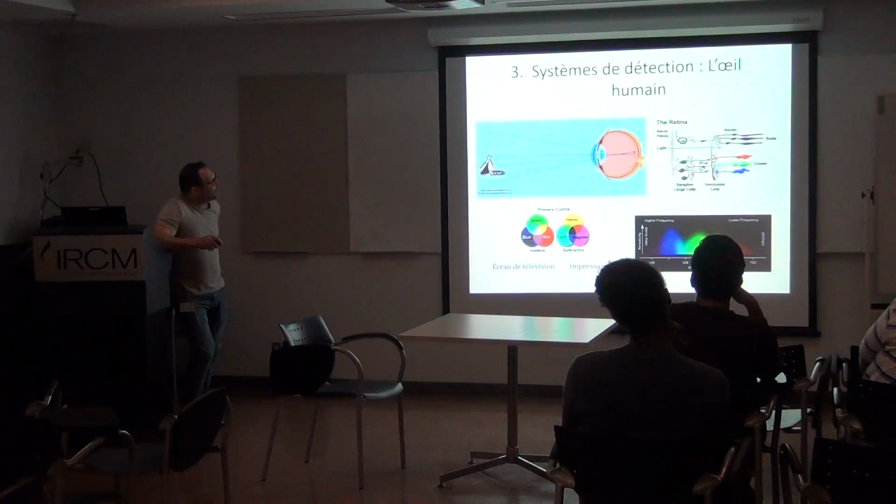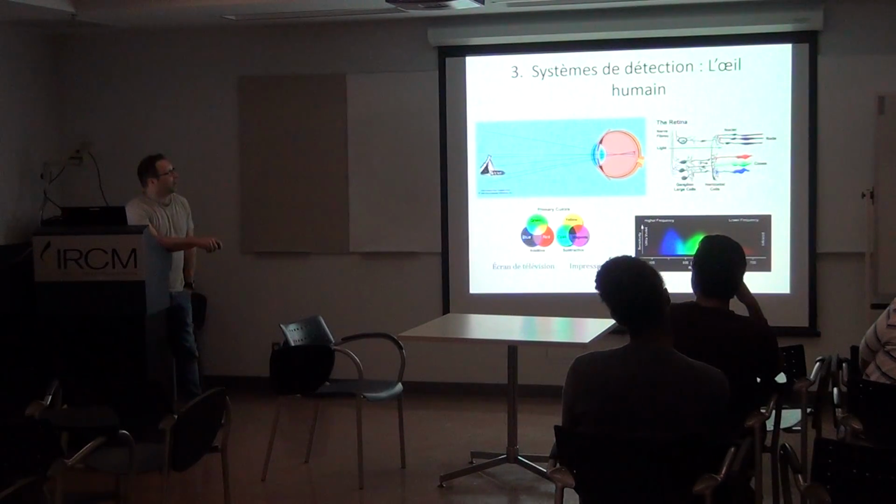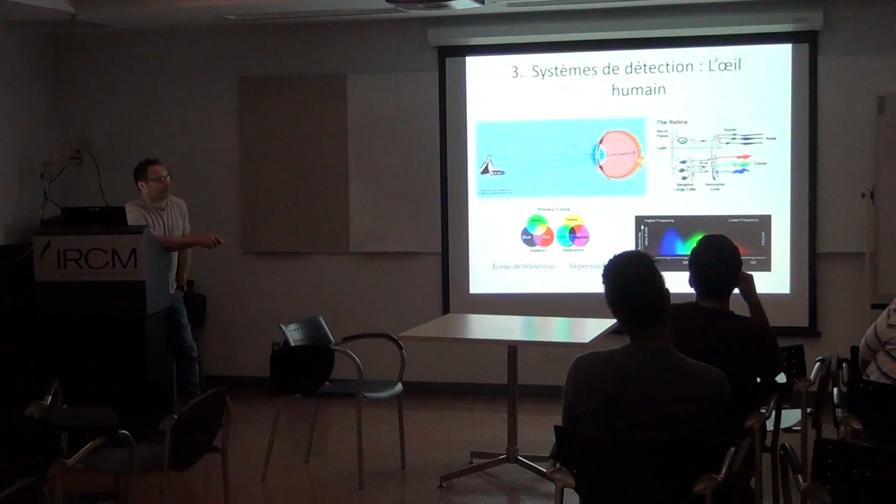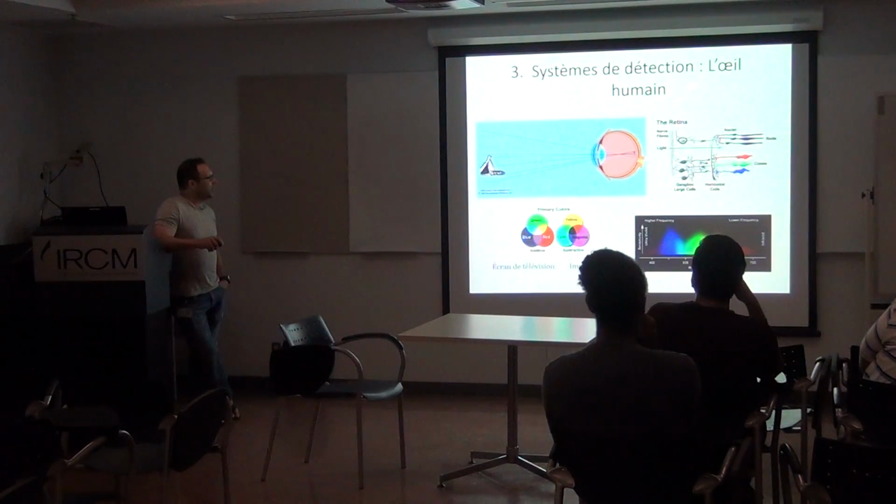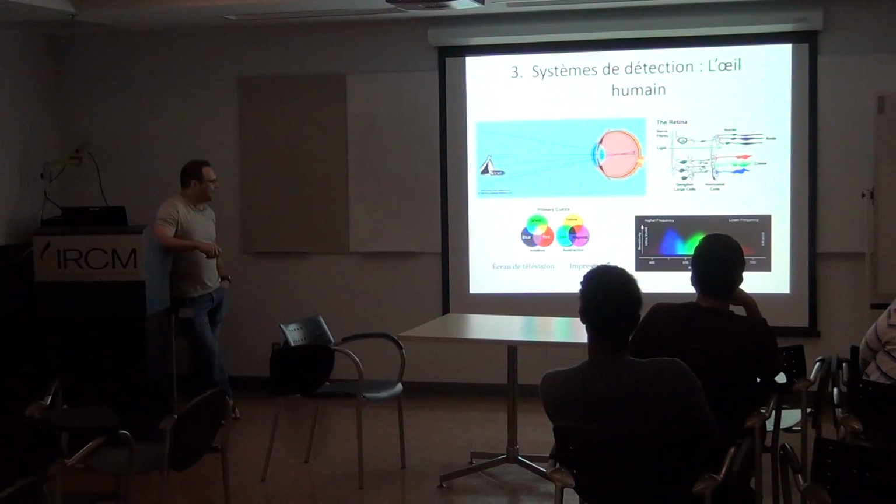So, detection systems. What can we use to distinguish light or even to capture light? And the first thing is our eye. It's really important to understand our eye first, and then we can understand the other systems of detection. From elementary school we learn about colors and things related to that.